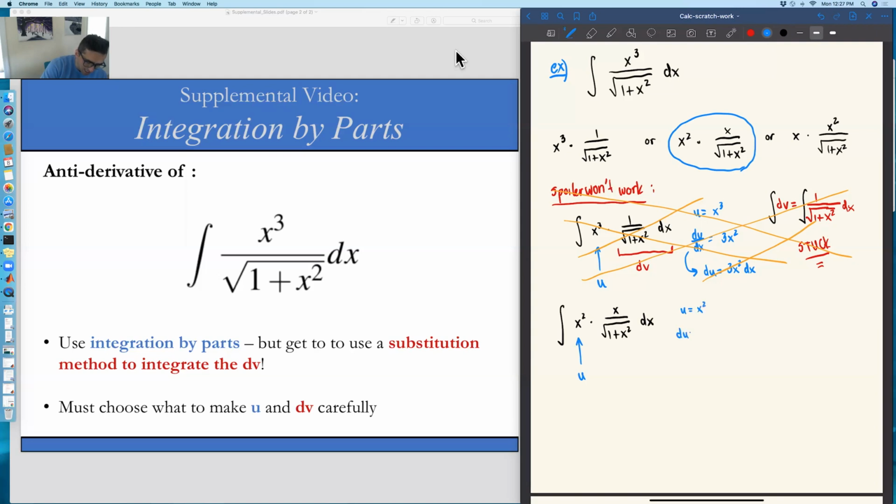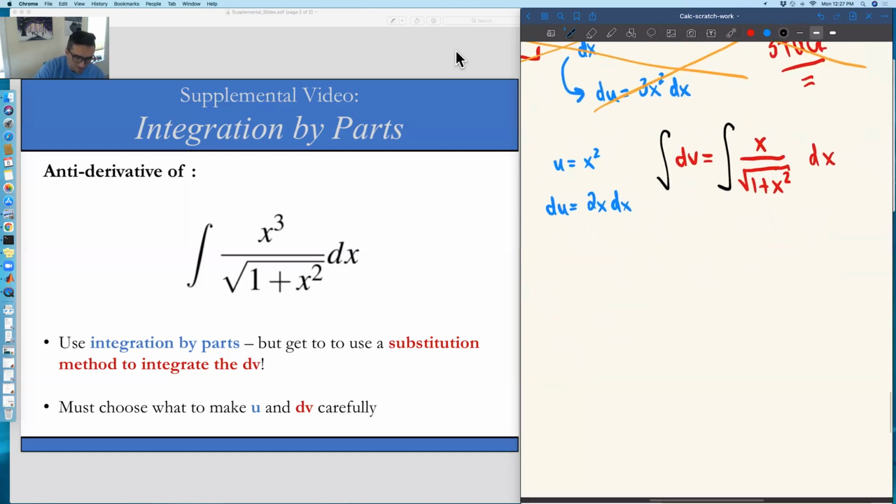Our du is 2x dx, which means everything else from that indefinite integral is our dv. So dv in this case is equal to x over the square root of 1 plus x squared dx. Now let's see what happens when we try to compute that antiderivative for dv.